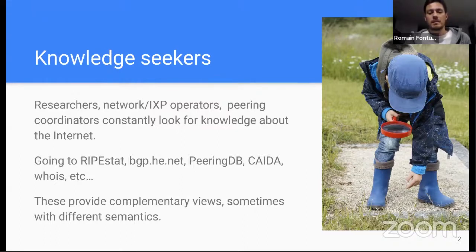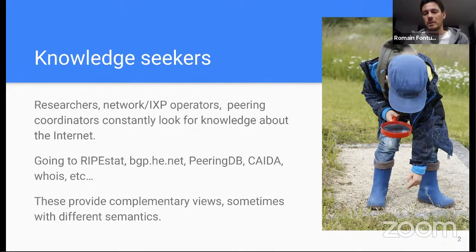We are all using the same databases: RIPEstat, PeeringDB, WHOIS, bgp.ht, and we go through those databases to try to understand something about the internet, so we can use that. What is interesting with those databases is we need all of them. They provide different views, but sometimes they might be a bit hard to use because they also have a different definition for the same thing.